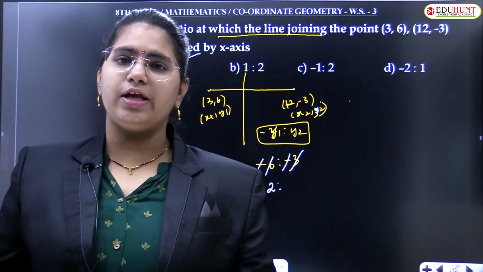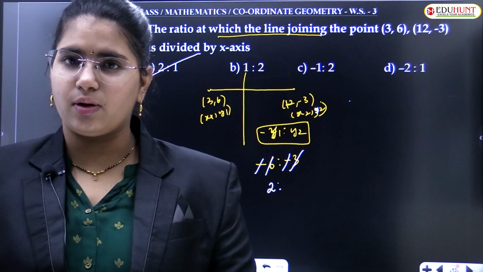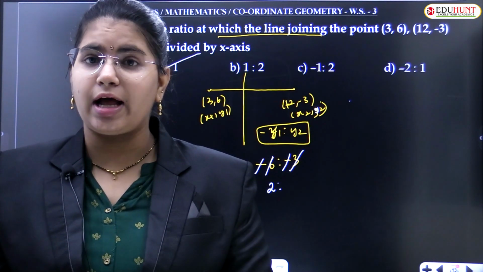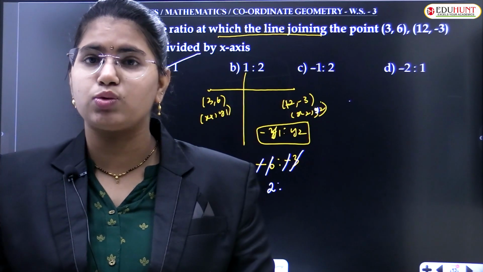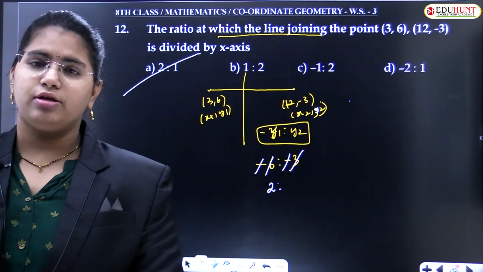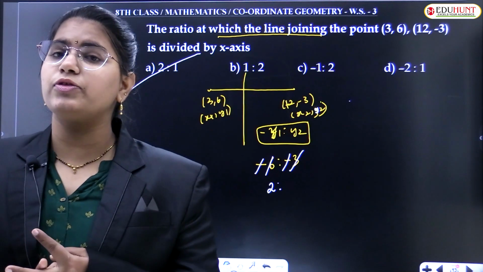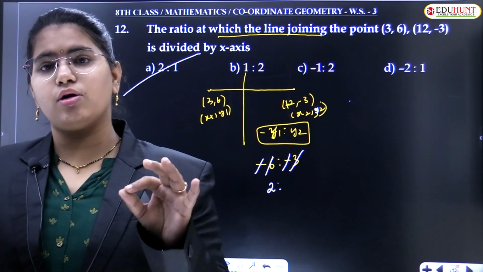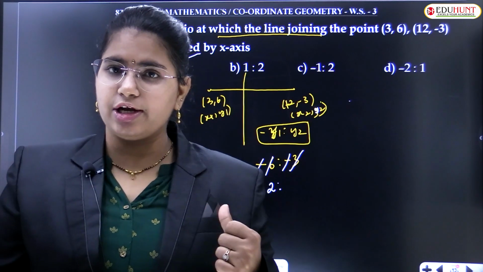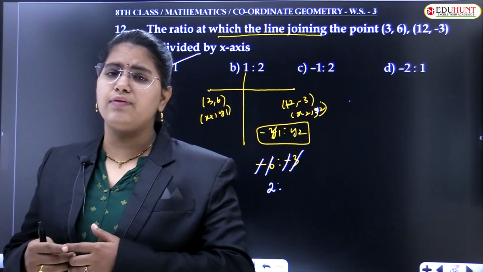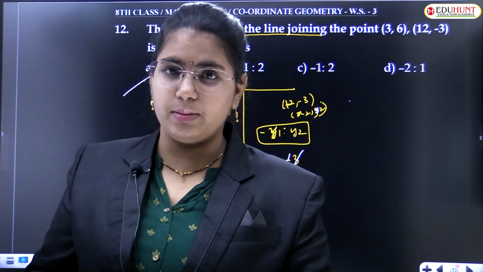If the ratio is being divided by the x-axis, the formula is -y1 is to y2. If it is being divided by the y-axis, it will be -x1 is to x2. I told you with the derivation part too, right? If anybody is not thorough with the formulas, I request you to watch the previous concept video and only then come back to this, because in coordinate geometry we will have a lot of problems and a lot of formulas.